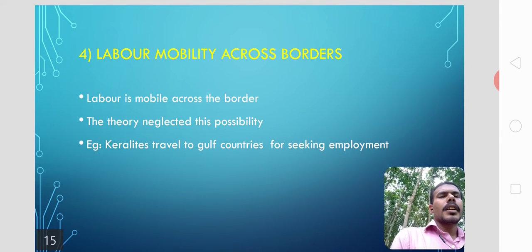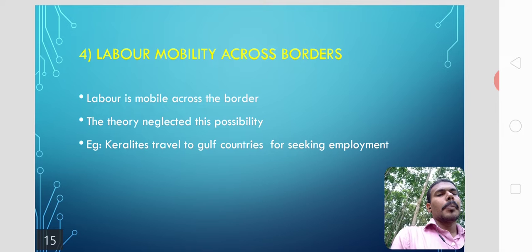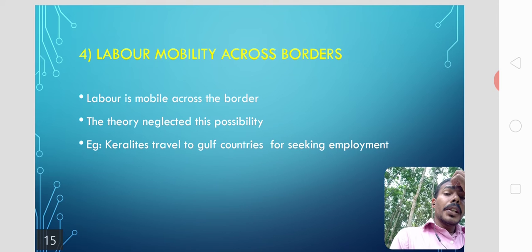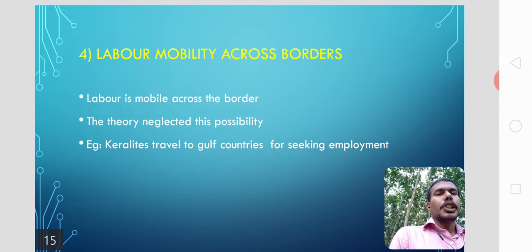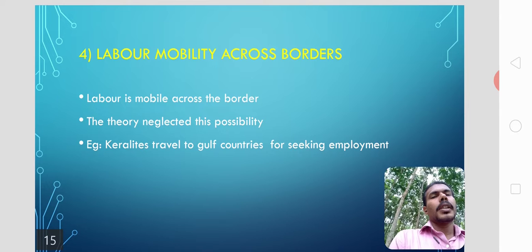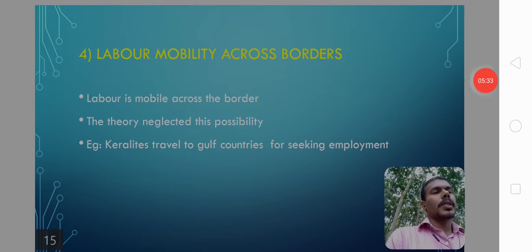So labor mobility across the borders is not absent. It is possible, but this possibility has been completely neglected by the classical theorists, especially the absolute advantage theory. Whenever labor mobility is possible, it will affect the absolute advantage of the nations. That is why they assumed labor is not mobile across the borders, just mobile inside the borders.